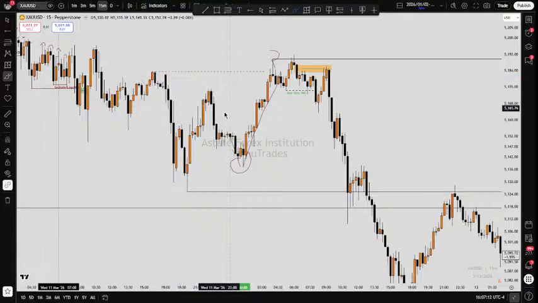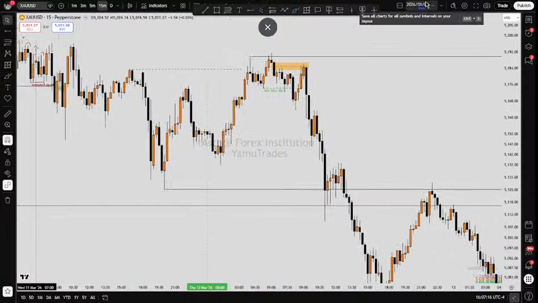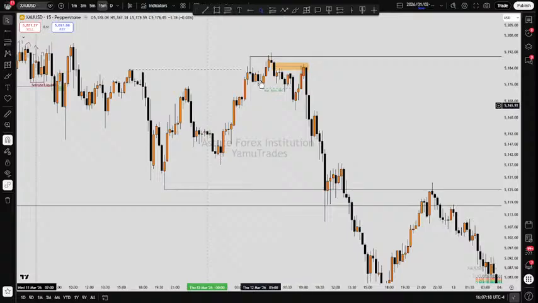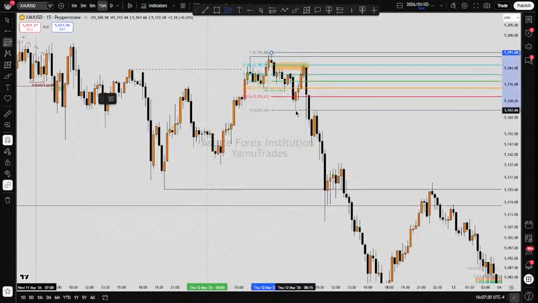Yeah, I'm just tired, guys. Don't get me wrong. So then what happened is the price went higher, created a fair value gap here, then went lower, then we used this point as a market structure shift, right? Then we had this here.